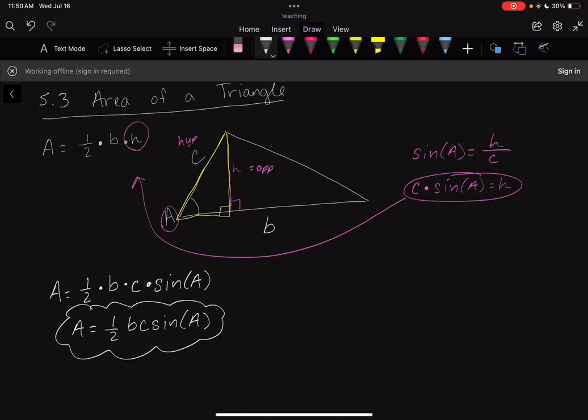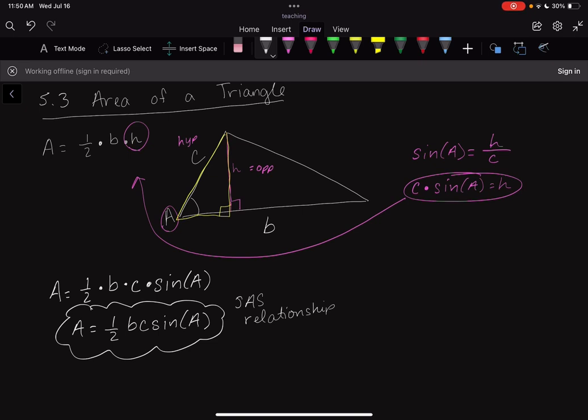And your equation could change a little bit depending on what sides you have and which angles you have. All you really need to know is that it follows a side angle side relationship. So to use this formula, you just need two sides and then the angle between those two sides.